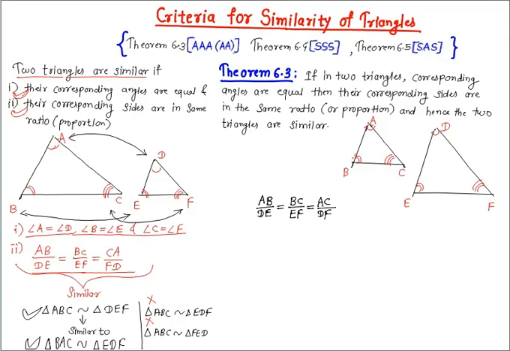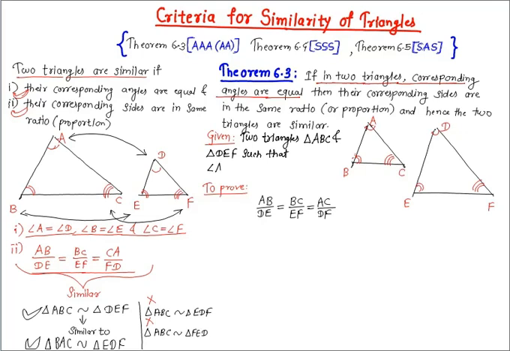So to prove this theorem, let's first note down what is given and what we have to prove. What is given, if you read the statement, in two triangles, corresponding angles are equal. Write this in the given section. Two triangles, triangle ABC and triangle DEF, such that angle A is equal to angle D, angle B is equal to angle E, angle C is equal to angle F. And what is to prove?